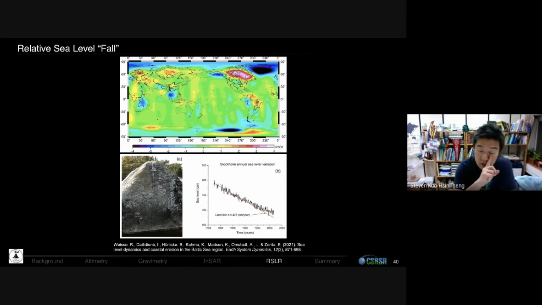Because of the post-glacial rebound, the land is actually rising. So the sea level is actually going down at the rate of some 0.5 centimeter per year. So some areas are free from the global sea level rise issue, but some parts of the world have a severe problem.